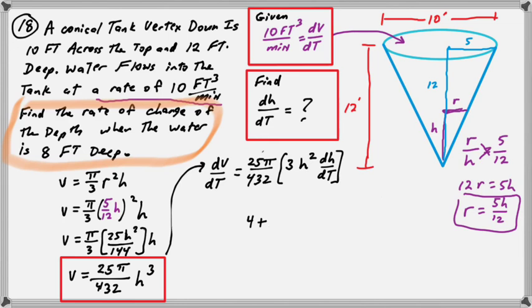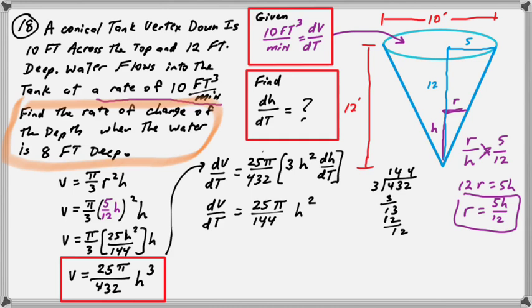So I do 432 divided by 3, and I think I get a simplified equation of 25 pi over 144 times h squared dh/dt.